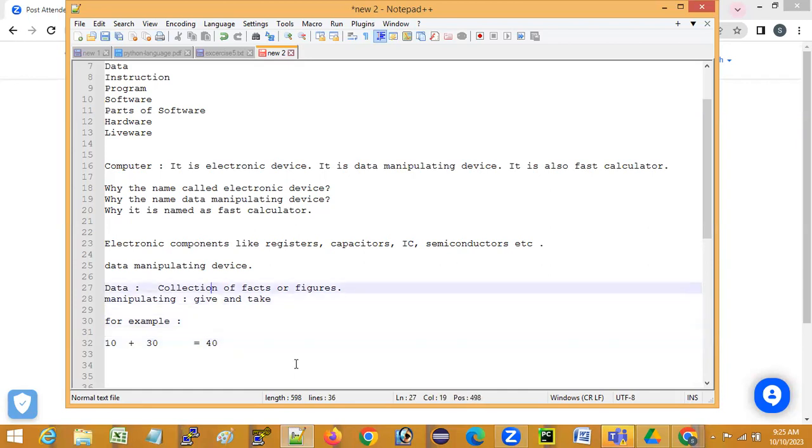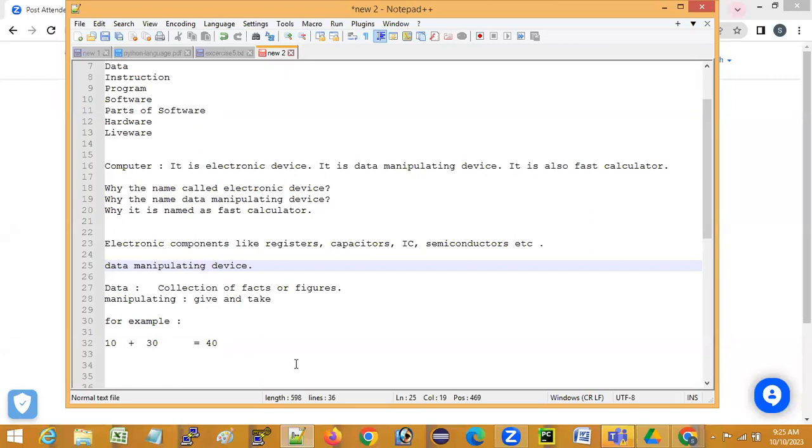Is it clear? Data manipulating device. What is meant by data manipulating device? Whatever facts you give, according to the facts you get the results. Whatever you expected, whatever you thought in your mind, whatever data you have given, the computer will respond accordingly.